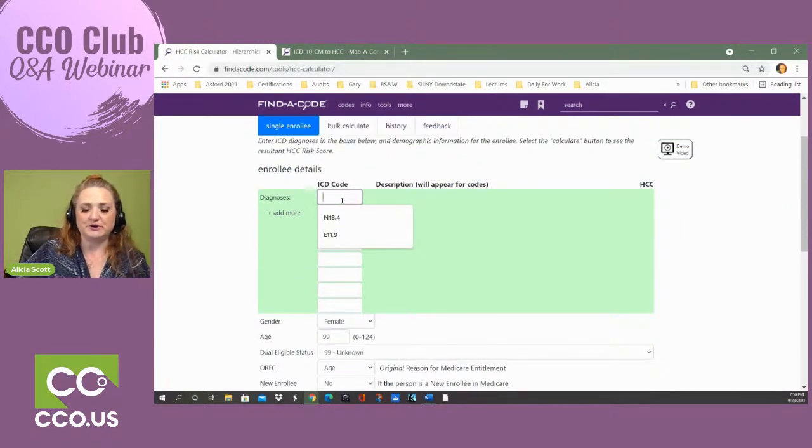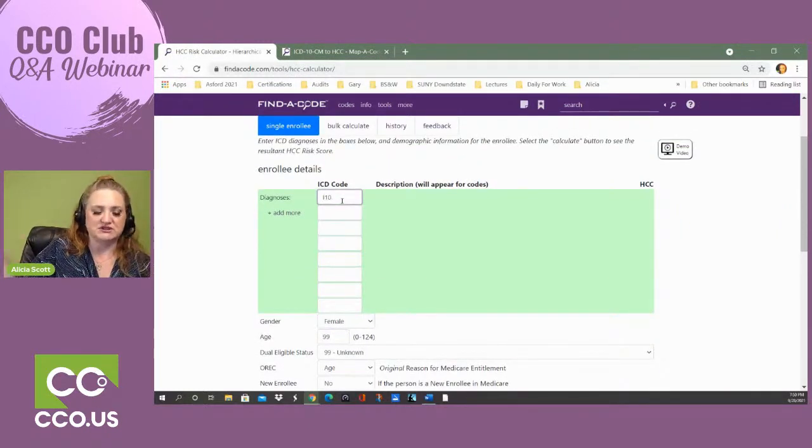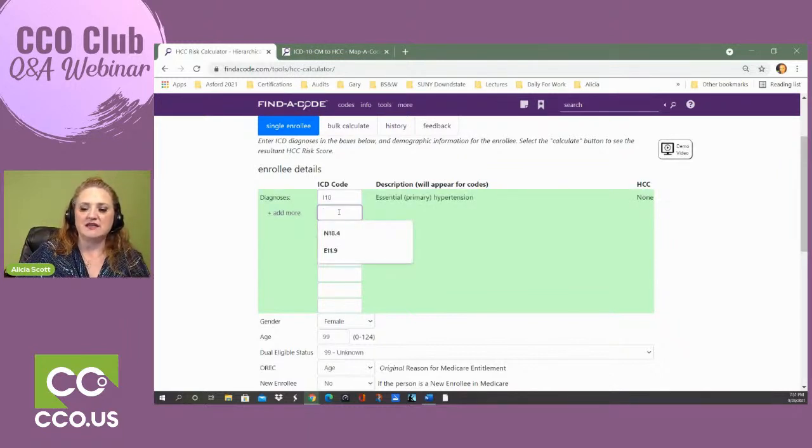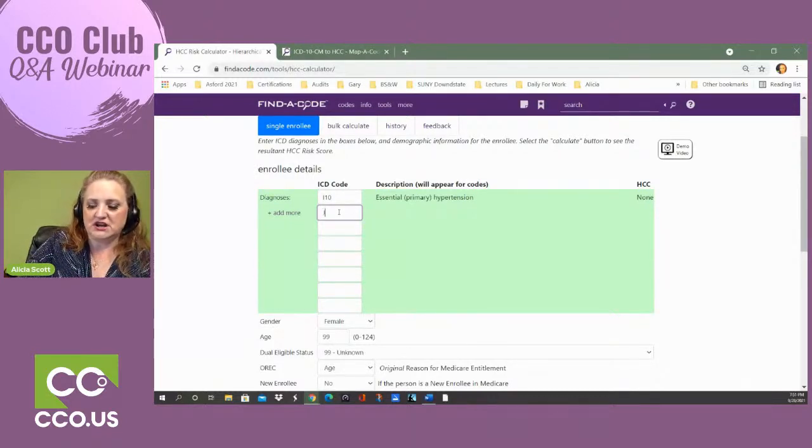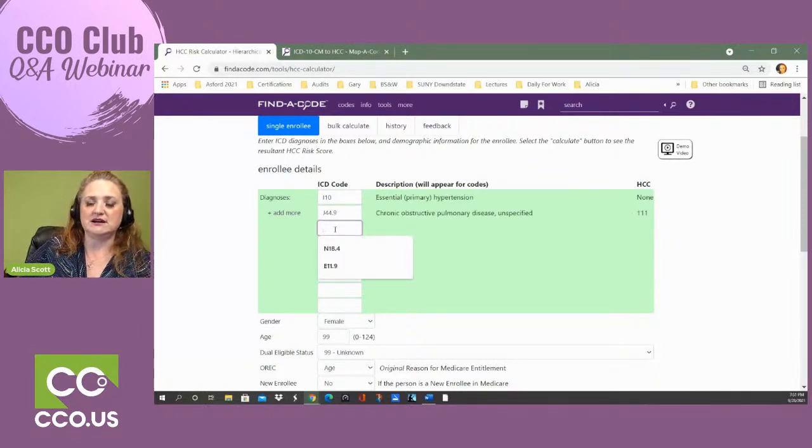So we're going to put in our I10, which isn't going to risk adjust. Oh, wait, I got to do this. Then you're going to have to help me. I know we did J44.9 and we did F32.9, which isn't going to give us anything.